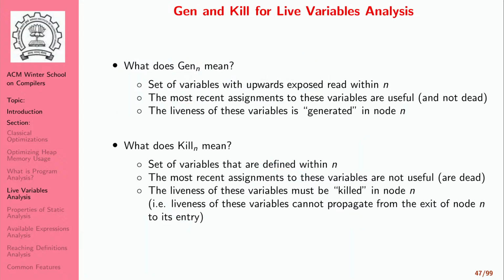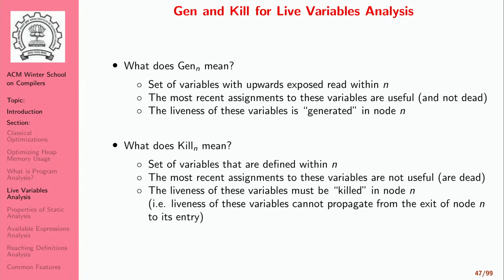So with this gen and kill, what does gen mean? Gen says the set of variables with upwards exposed read within n. The most recent assignments to these variables are useful and they are not dead, and the liveness of this variable is generated in node n. Kill n means the set of variables that are defined within n, and the most recent assignments of variables are not useful, they are dead.